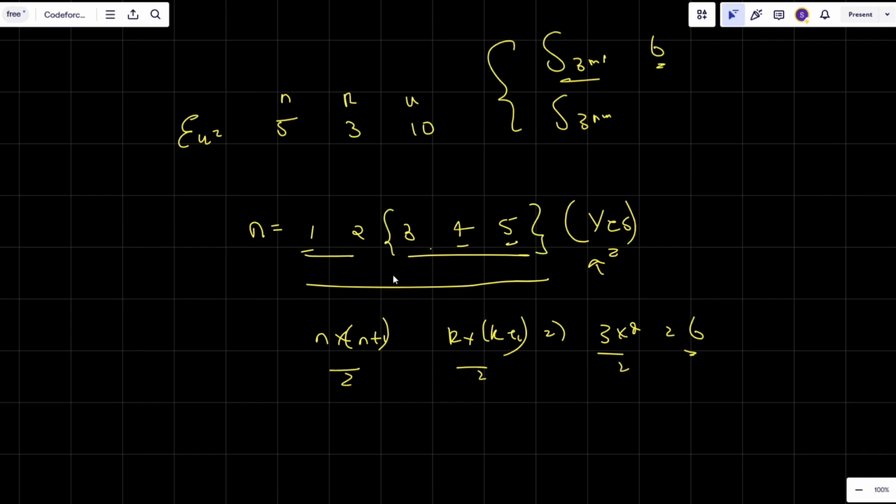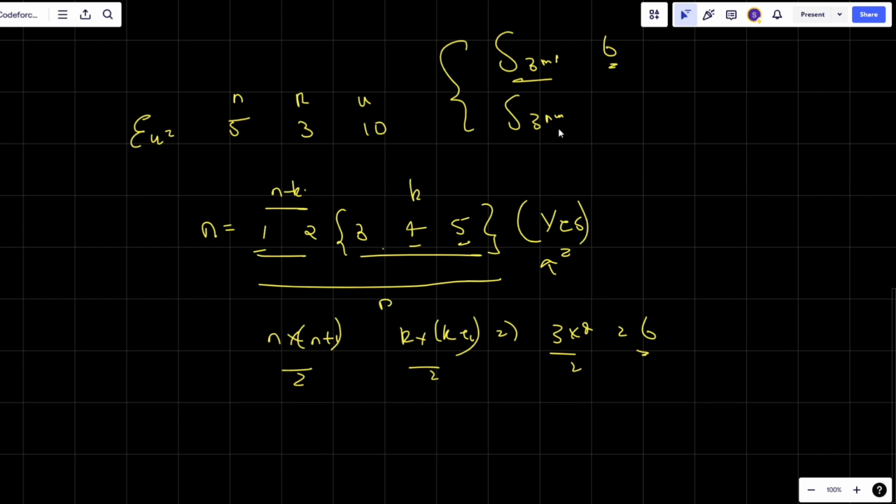The k maximum elements are at the end, so the size of the remaining sub array is n minus k. So the formula for the sum of k maximum elements is n into n plus 1 by 2 minus n minus k into n minus k plus 1 by 2.